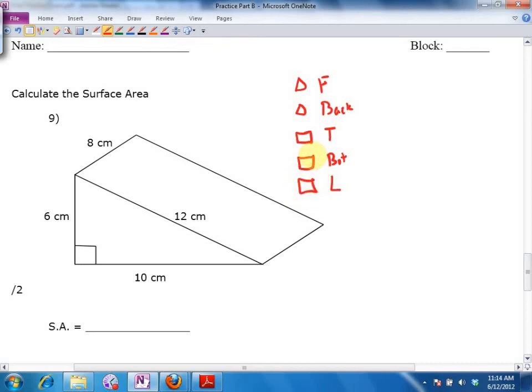Let's find the area of the front. Okay, so it's base times height over 2, so 6 times 10 over 2. And that's going to be 30. The back is the same. The top is?